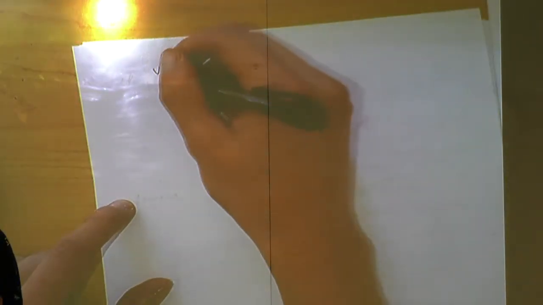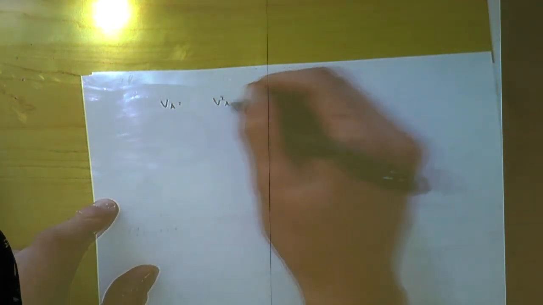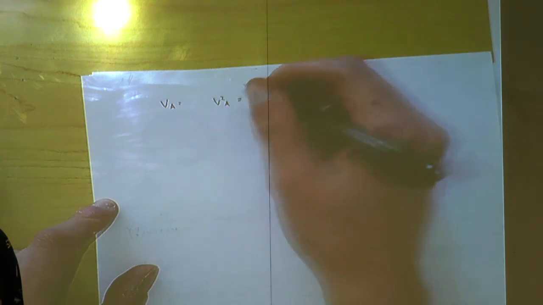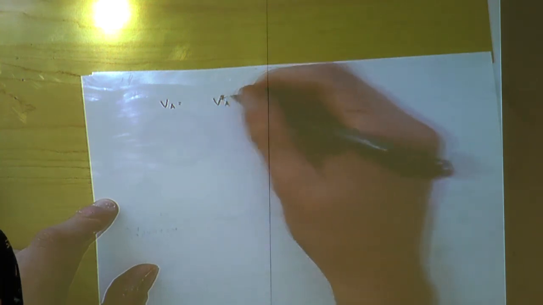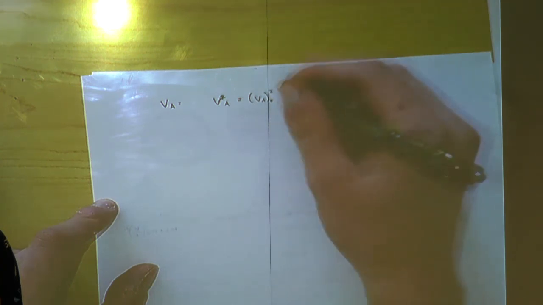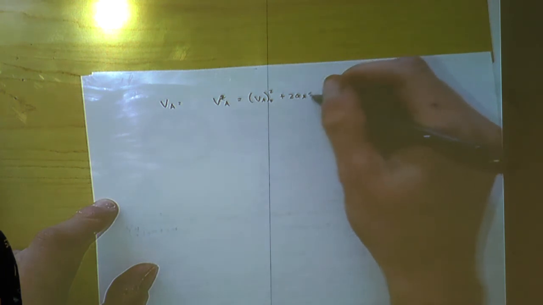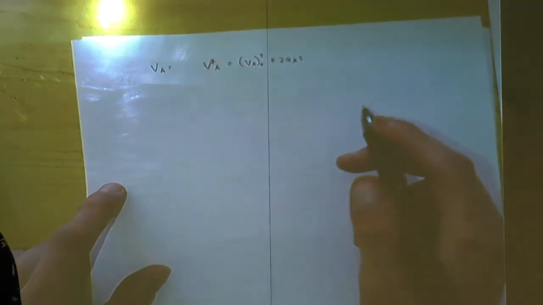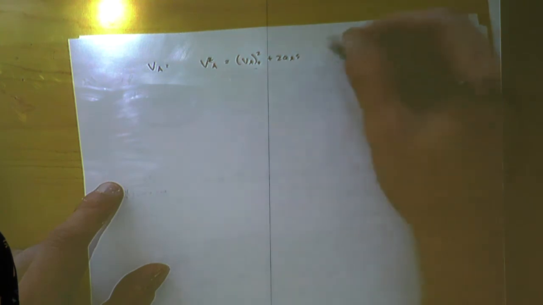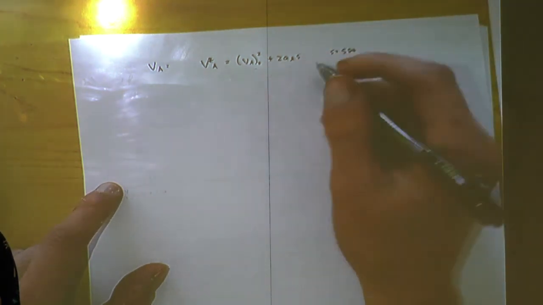For the velocity, I'm going to flip it over. So we have VA squared. This is just one of the earlier formulas. It's equal to VAO squared plus 2AA times the distance. I guess it's after it traveled 5 feet.